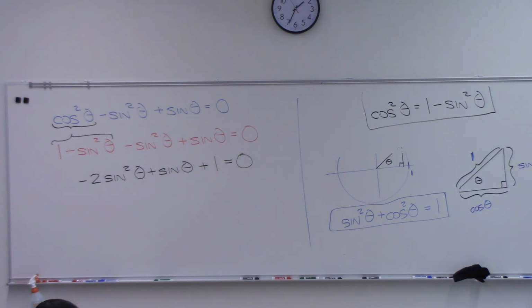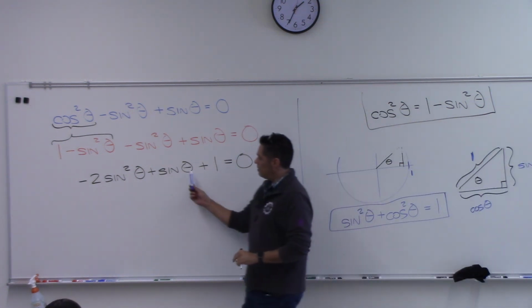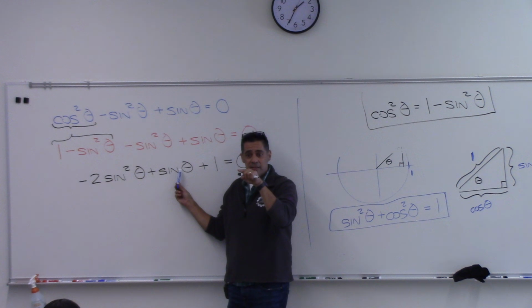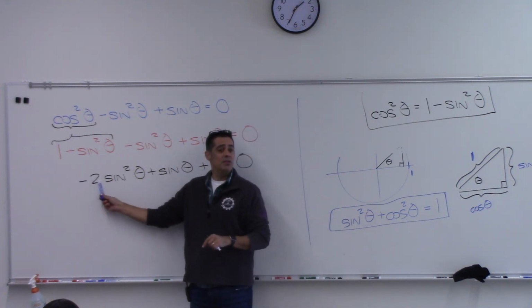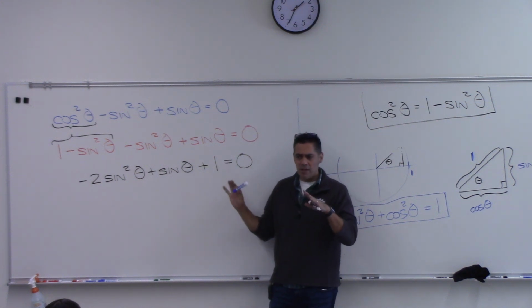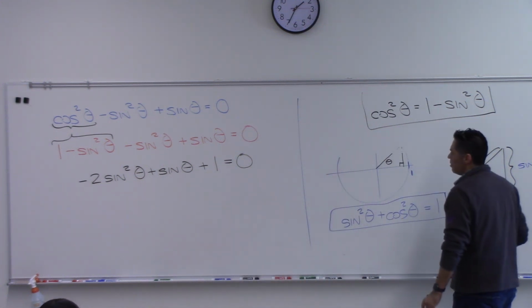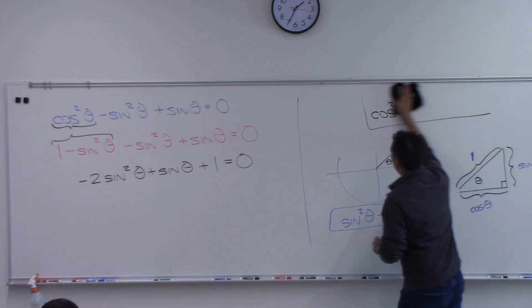Now, does that look more like a quadratic to you? Like we did last class, if you squint your eyes and act like this is the good old-fashioned x, this almost looks like -2x squared plus x plus 1. Kind of looks like a quadratic. Now, I don't like the negative. You see the negative in front of the 2?